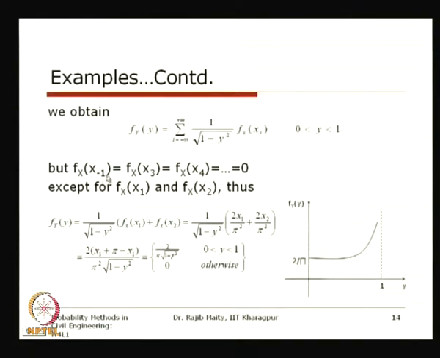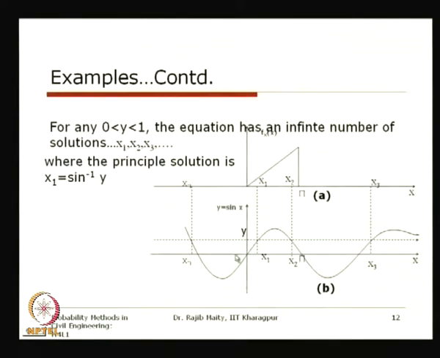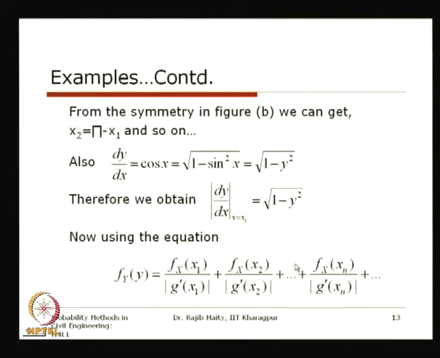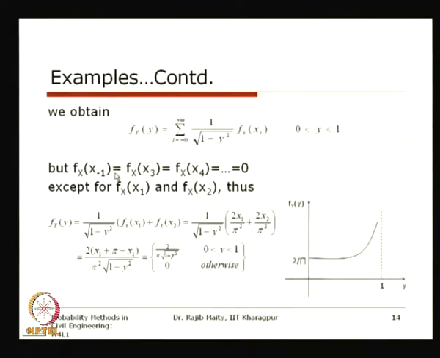The minus 1 refers to the solution below, which is less than 0, and x3 means the next solution apart from x1 and x2. All others apart from x1 and x2 are equal to 0 because they are outside the range. So only fx(x1) and fx(x2) should be added, divided by the square root of 1 minus y squared, because this is the same for both.